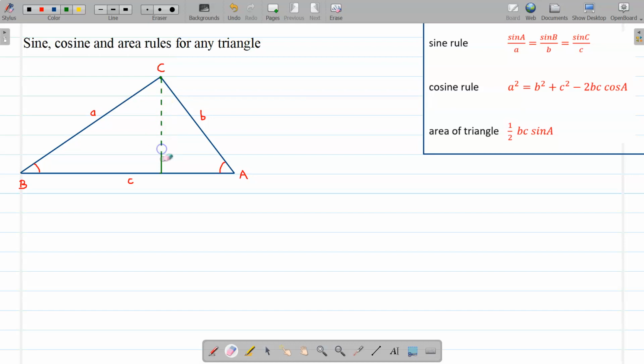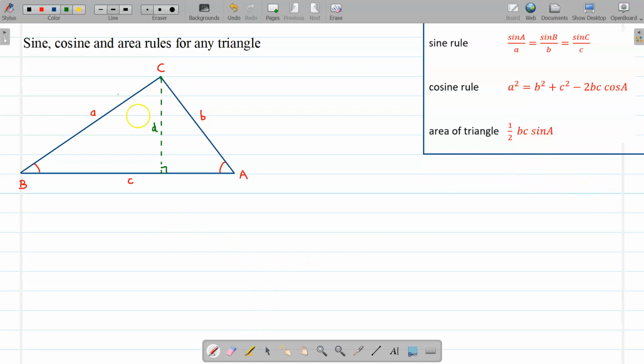So what I'm doing is dividing our original triangle up into two right angle triangles, and I'm going to show that I've created a right angle here by putting a little box like that. And we're going to label this length here d, which is effectively the height of the triangle from the base.